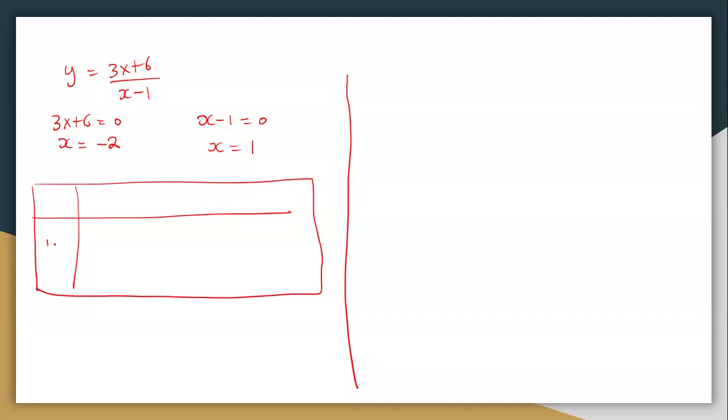So you put here y, or you want to separate them? Then we have x less than negative 2, then negative 2 less than or equal to x less than or equal to 1, then x greater than 1.